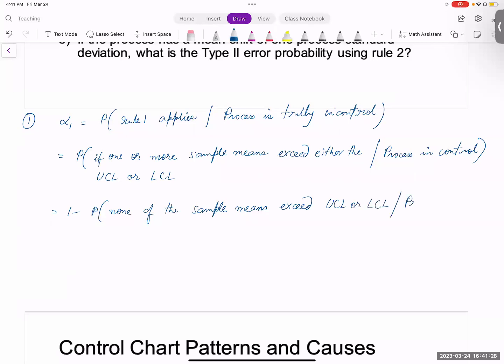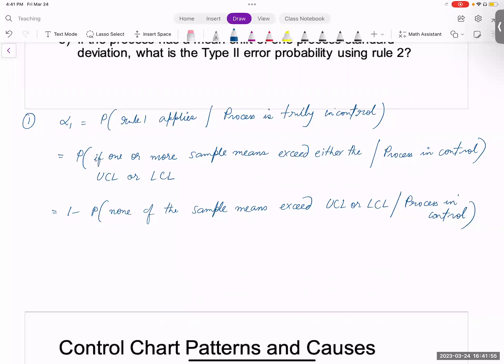These 2 probabilities are equivalent, given the process is in control. Now, you can still compute the probability that we first defined, except that when you say 1 or more sample means exceed UCL or LCL, there are multiple possibilities. Maybe the first one can exceed, maybe the second one can exceed, maybe both can exceed. So there are three possibilities.